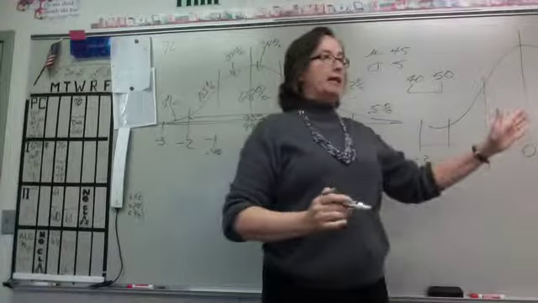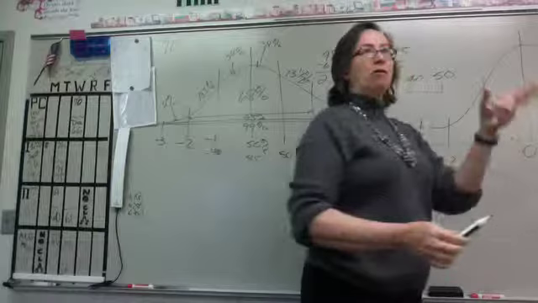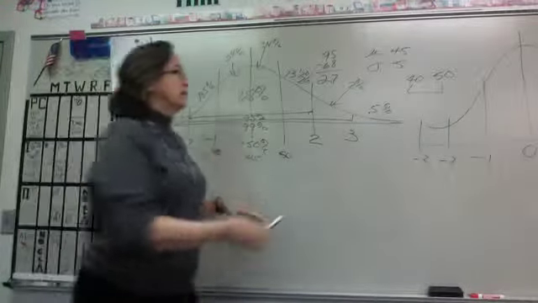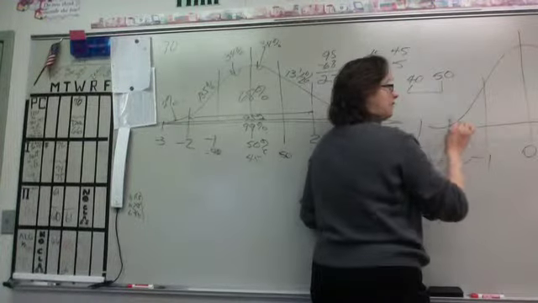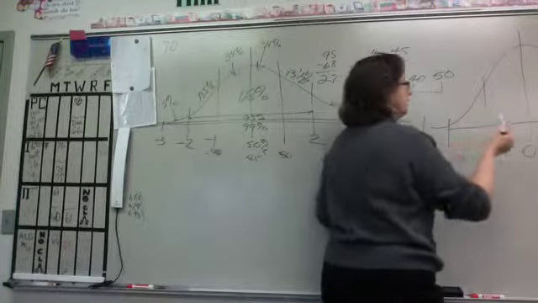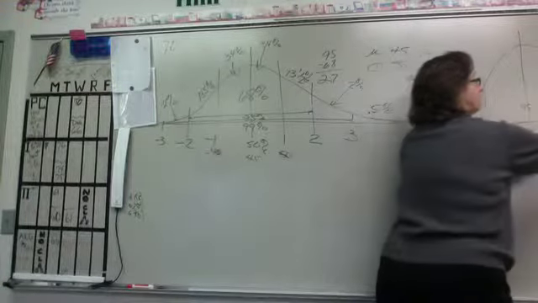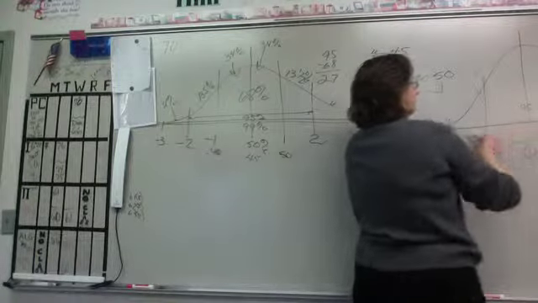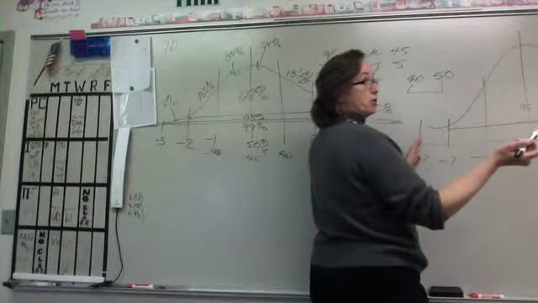But when you look at it, can you figure out about where she is just knowing this right here? Between here and here was 95% of the data, right? But how much of the data is above here?